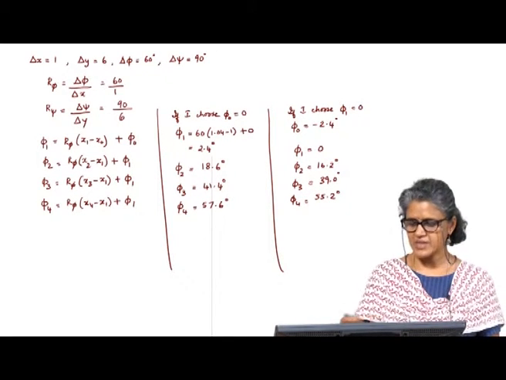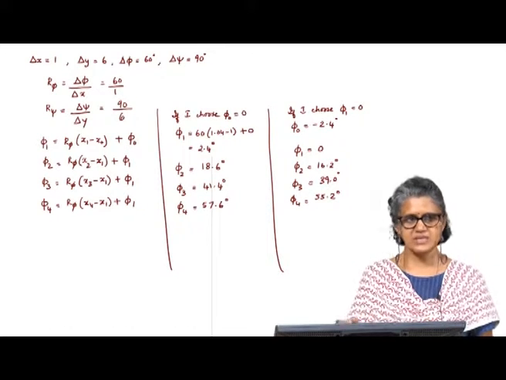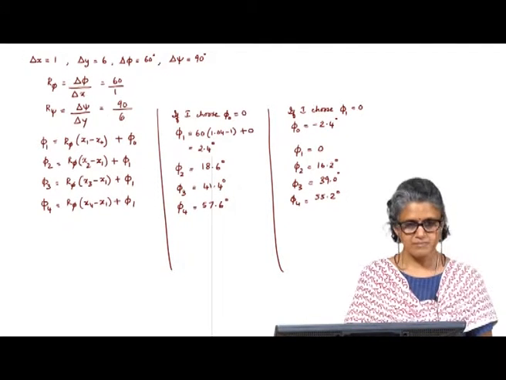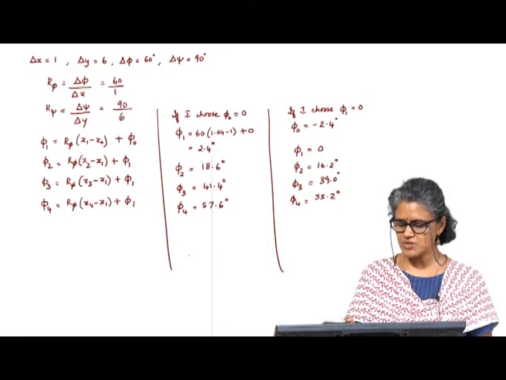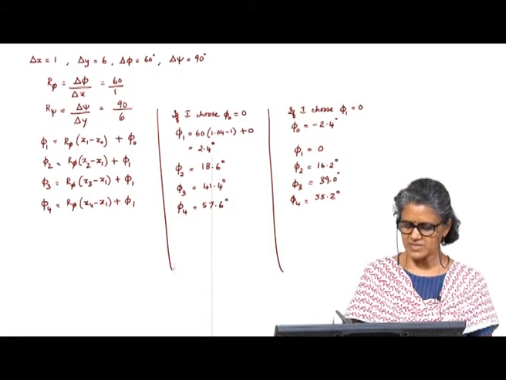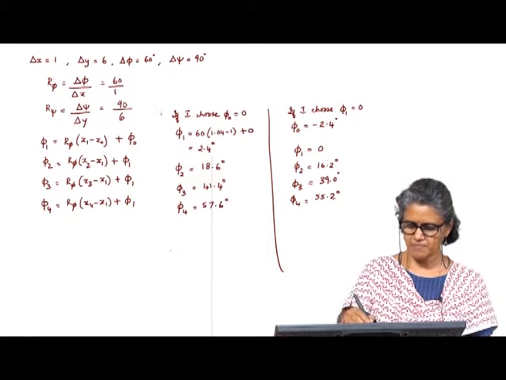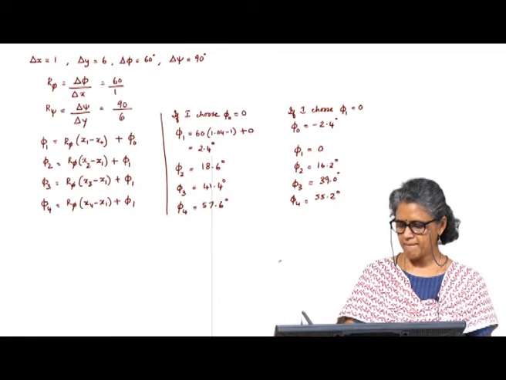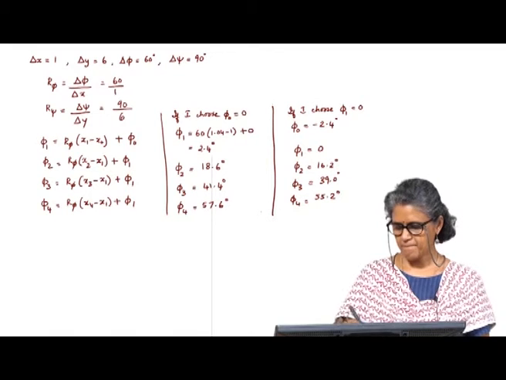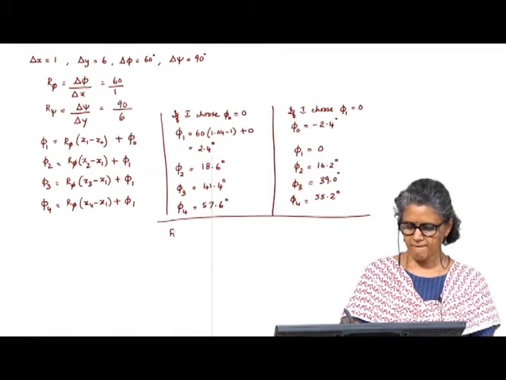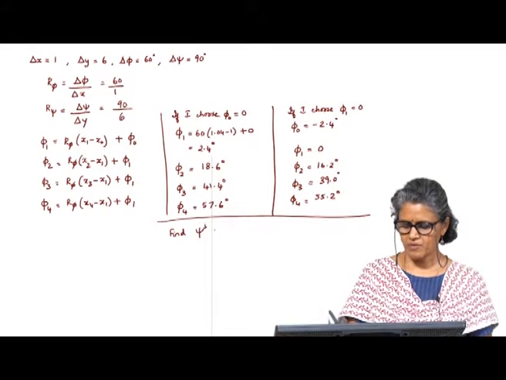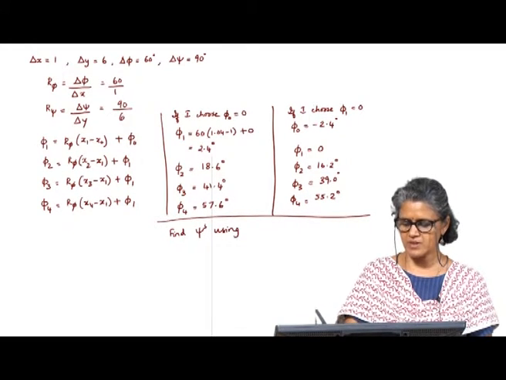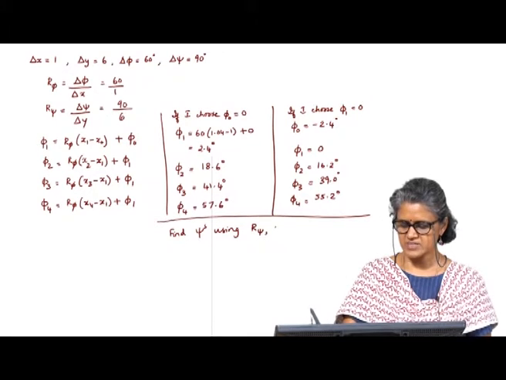And then you can find the corresponding size in a similar manner in order to synthesize the linkage. This gives you the phi, you have to then synthesize the psi using the relationship between r psi and y.